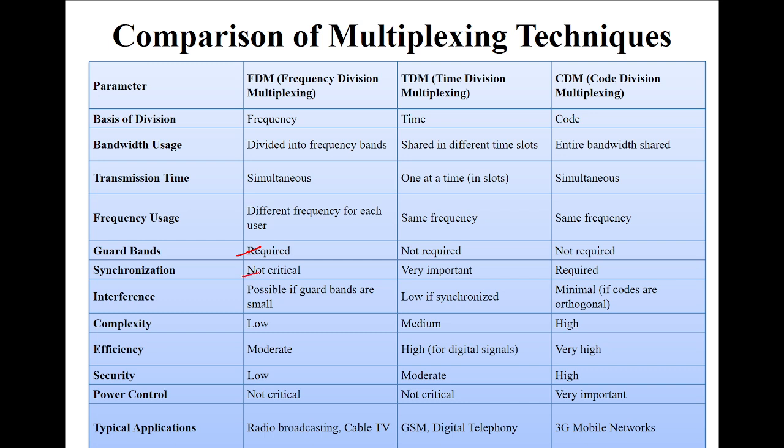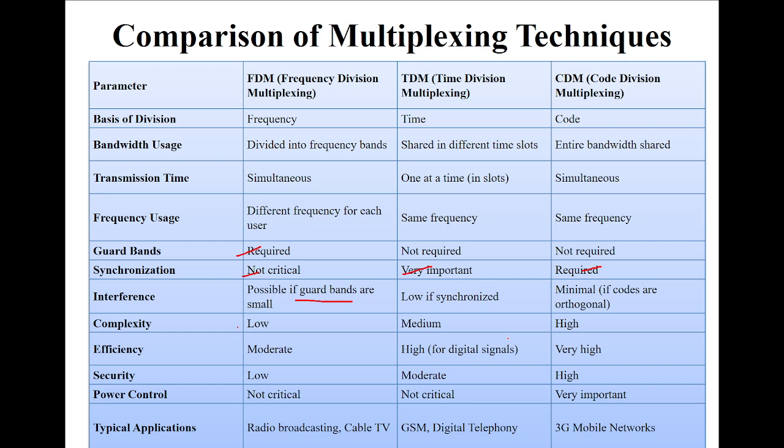Synchronization: not very critical in FDM, very important in TDM, and required in CDM. Interference: possible if guard bands are small, low if synchronized, minimal if codes are orthogonal. Complexity: low, medium, high.